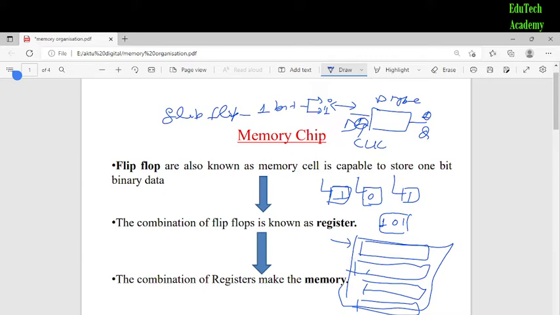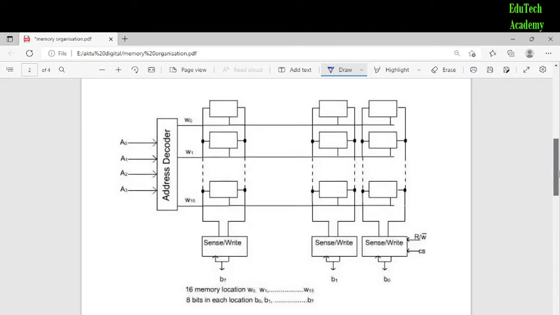If we internally see the structure of the memory, it is just like a matrix form. Here a 16 byte memory cell is shown. 16 byte means this memory structure has 16 registers and each register is 8 bits long, meaning each register is made of 8 flip-flops.